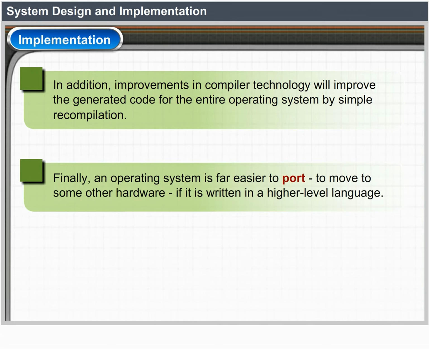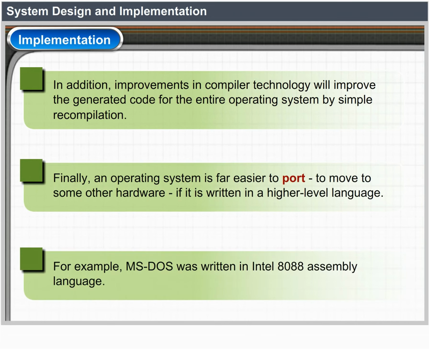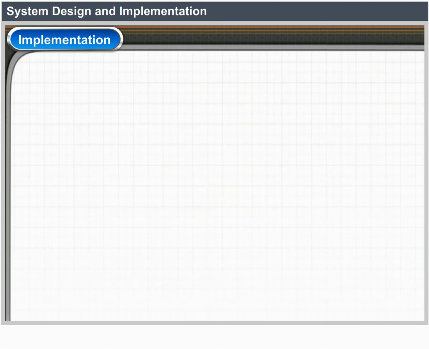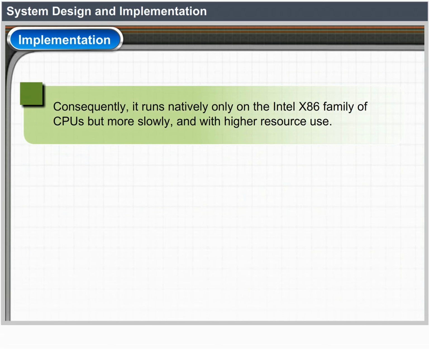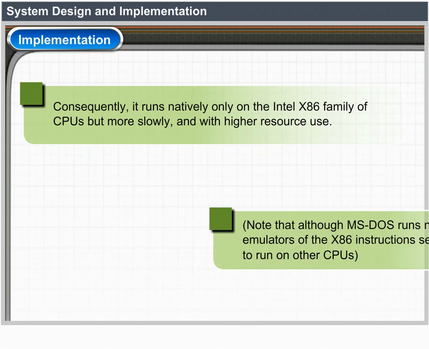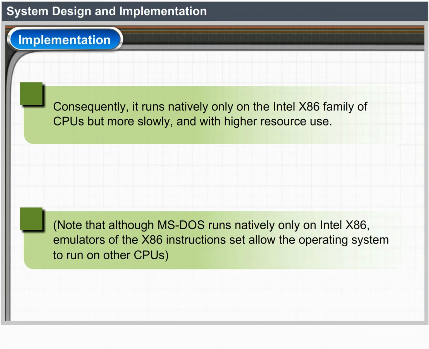For example, MS-DOS was written in Intel 8088 assembly language. Consequently, it runs natively only on the Intel x86 family of CPUs. Note that although MS-DOS runs natively only on Intel x86, emulators of the x86 instruction set allow the operating system to run on other CPUs, but more slowly and with higher resource use.